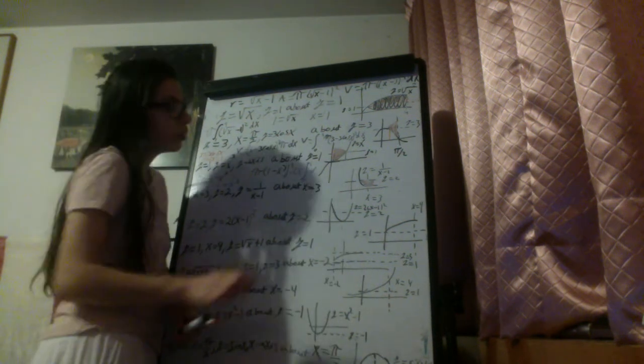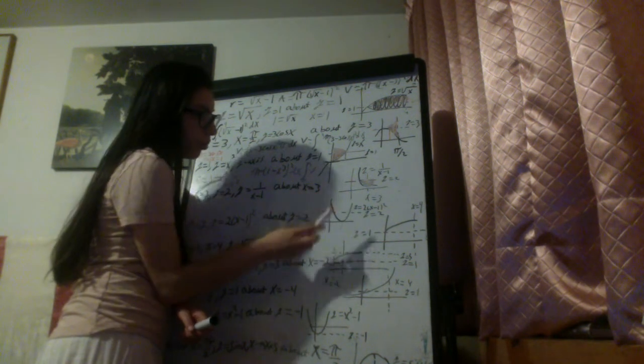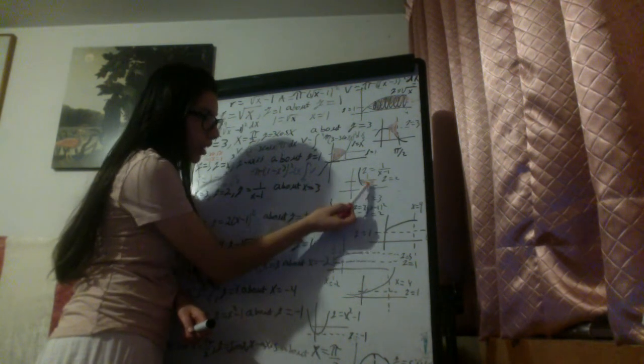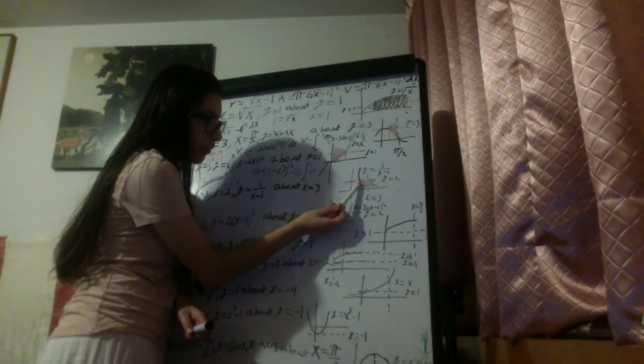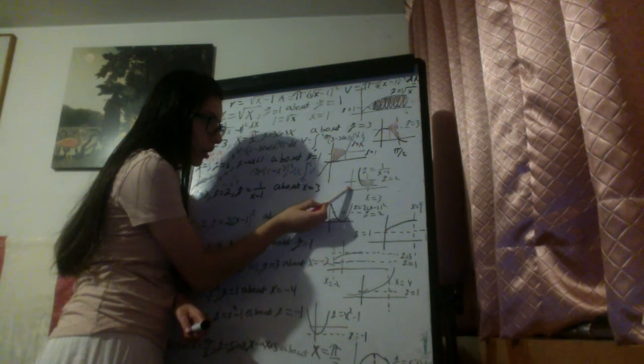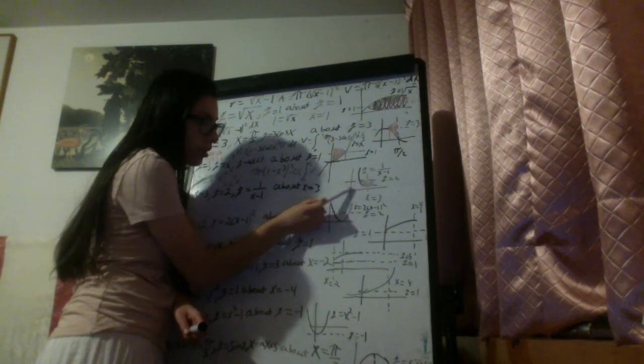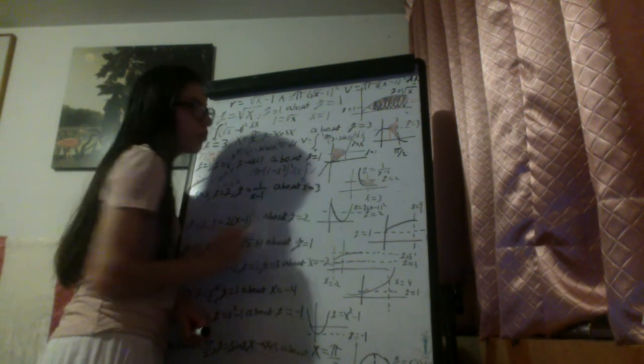So first, what will be the radius? The radius is the distance between x equals 3 and the function. One way you can do it is you subtract this from this, and so you will have this radius.